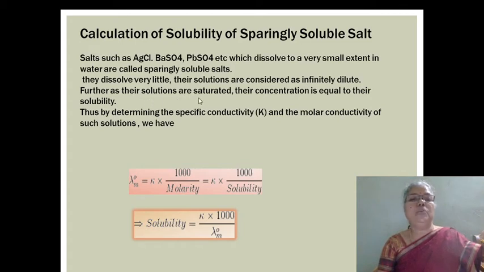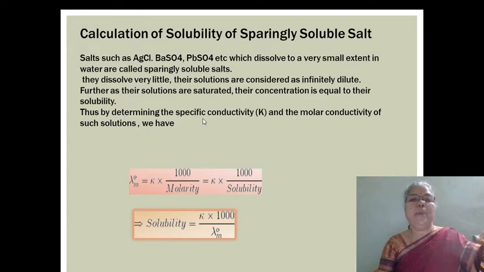Further, as their solutions are saturated, their concentration is equal to their solubility. In case of sparingly soluble salts, their solutions are saturated and their concentration is equal to their solubility.